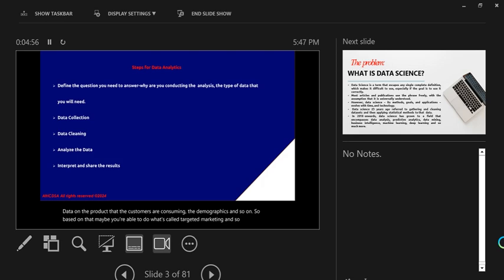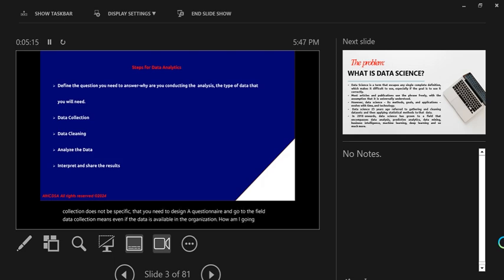After knowing the question you need to answer, now you proceed to data collection. Data collection does not mean specifically that you need to design a questionnaire and go to the field. Data collection means even if the data is available in the organization, how am I going to retrieve it.